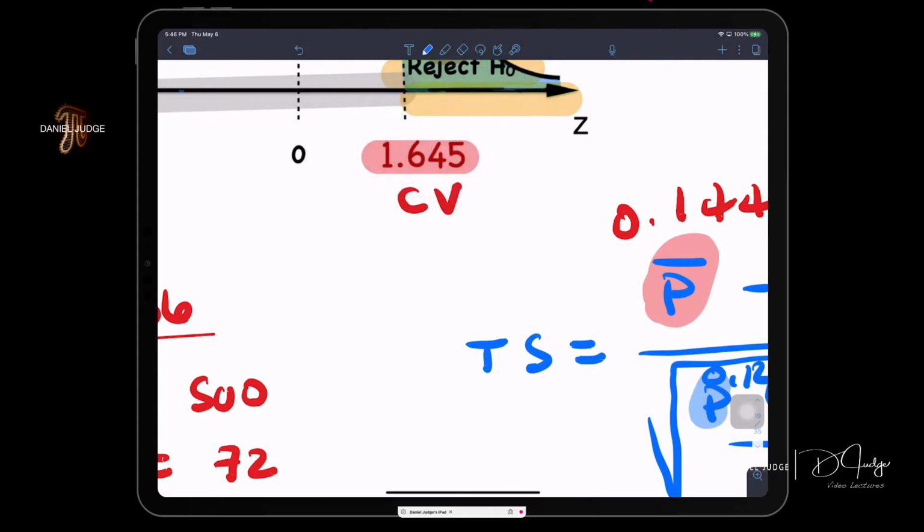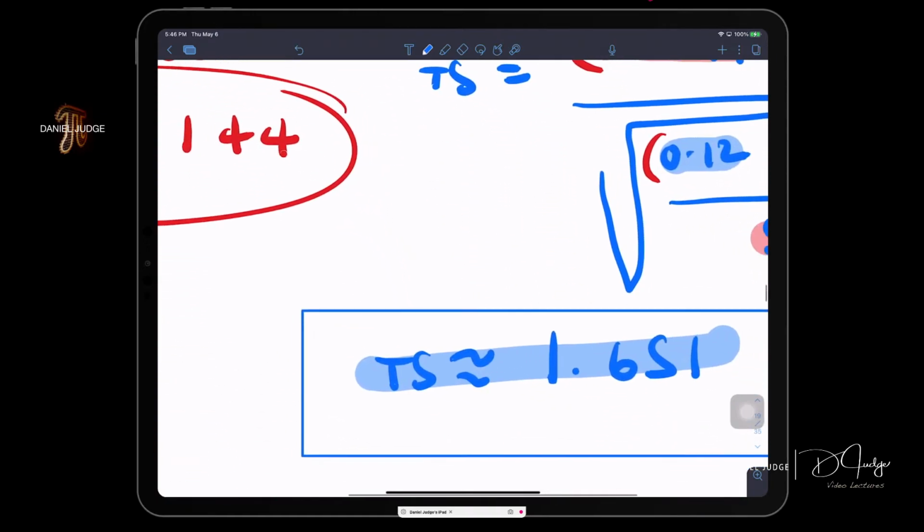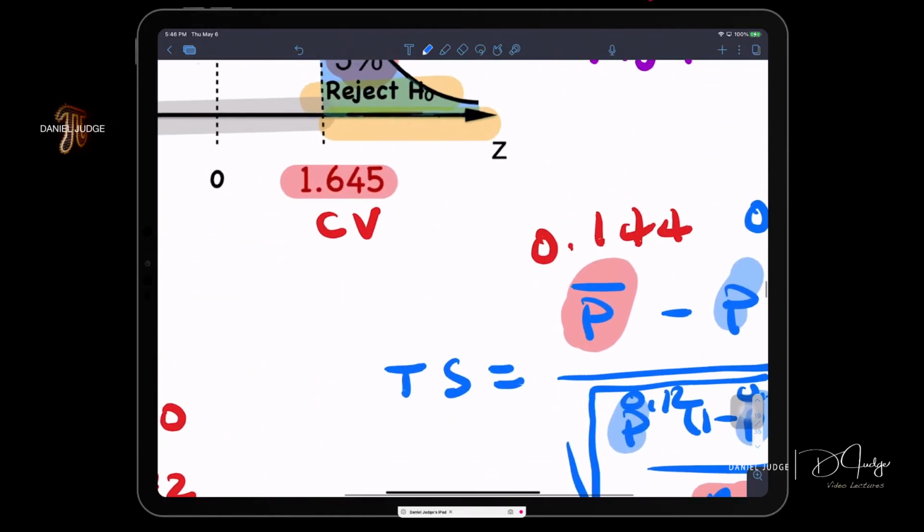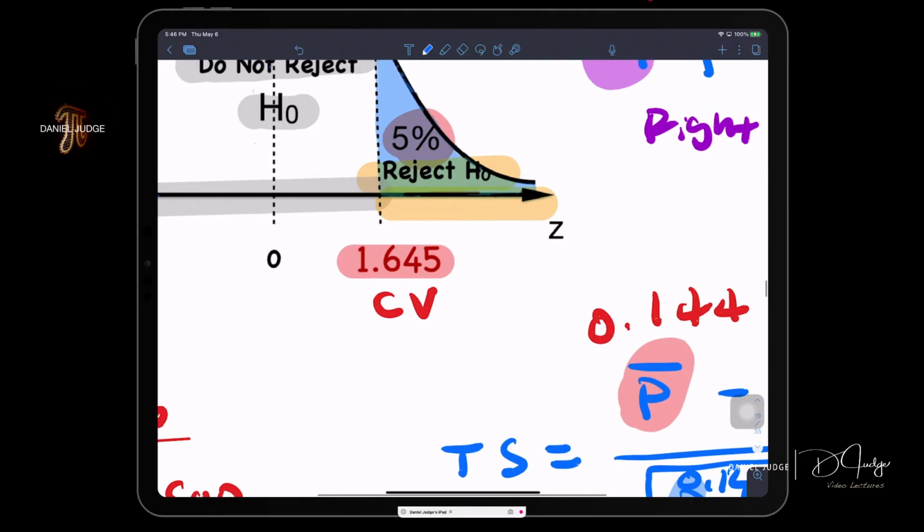Is 1.651 to the right of the critical value of 1.645? Or is it to the left? Is it smaller than 1.645? Ladies and gentlemen, the test statistic, 1.651, is slightly to the right.